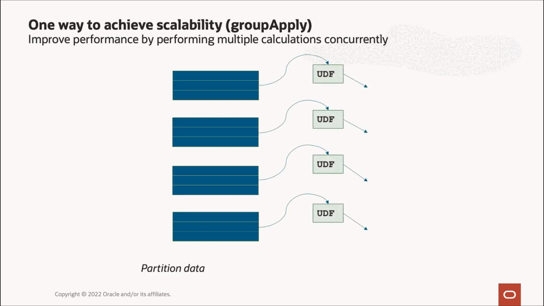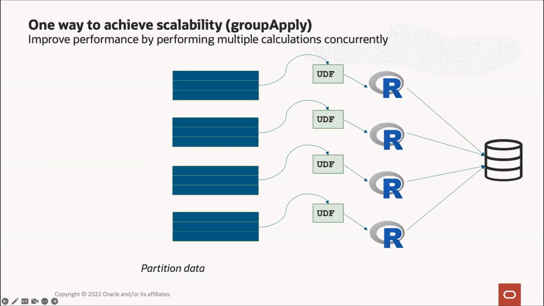Each of those groups of data then has the UDF invoked on spawned R engines by the database. The results can then be stored and sent to applications or dashboards.